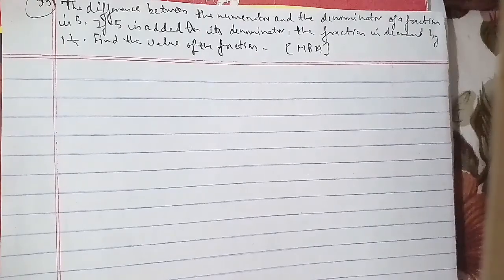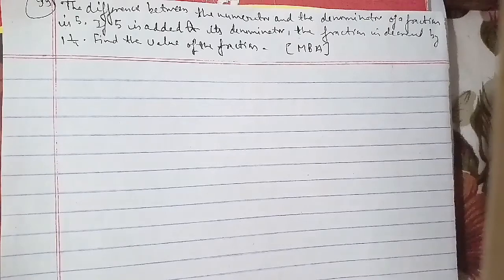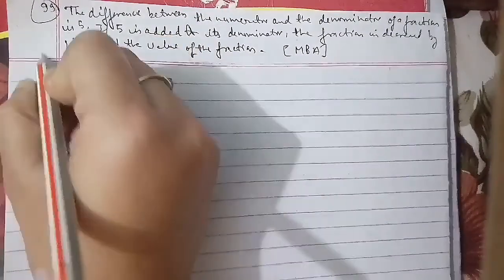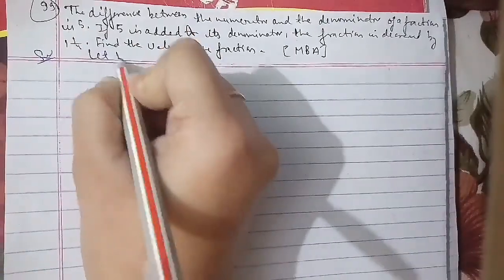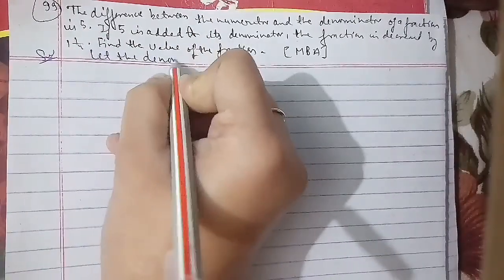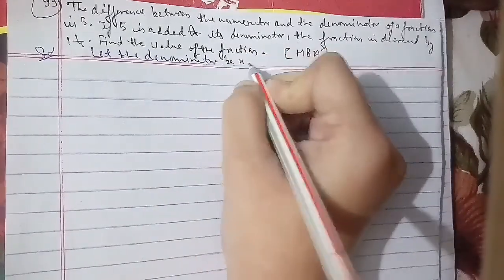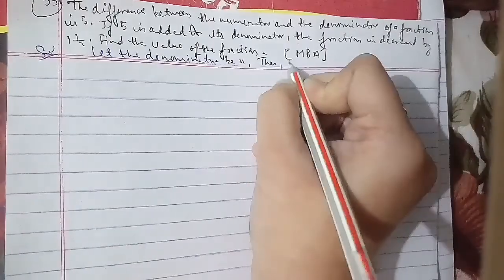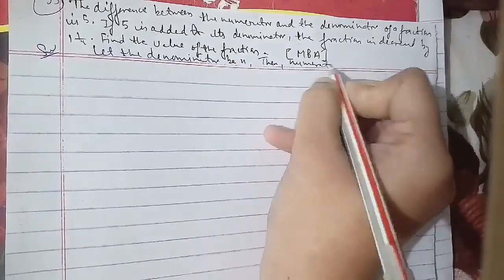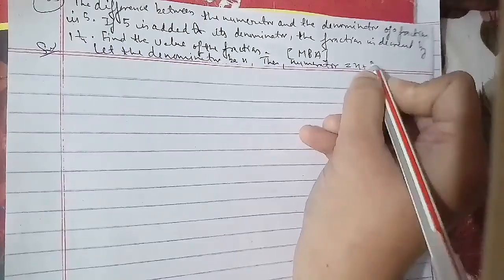Let the denominator be x, then numerator equals x plus 5. Now (x plus 5) upon (x minus x plus 5) equals 5 upon 4.